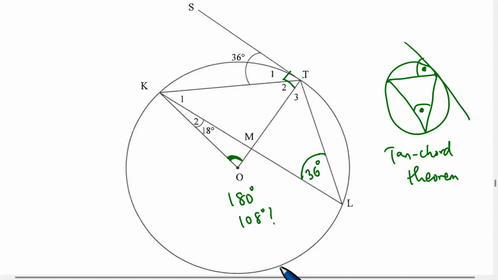Think about it again. How much? 32? Okay.